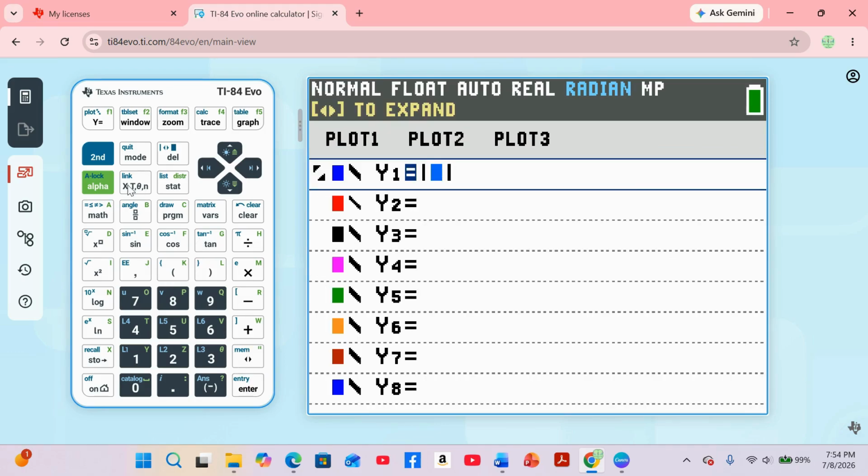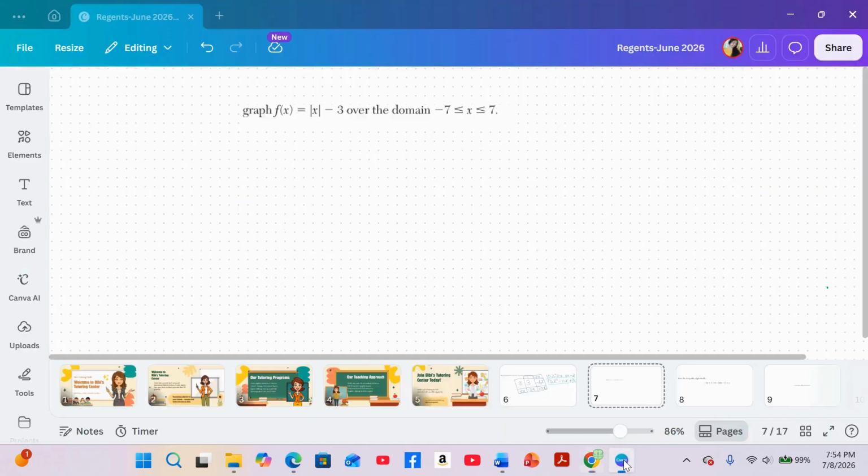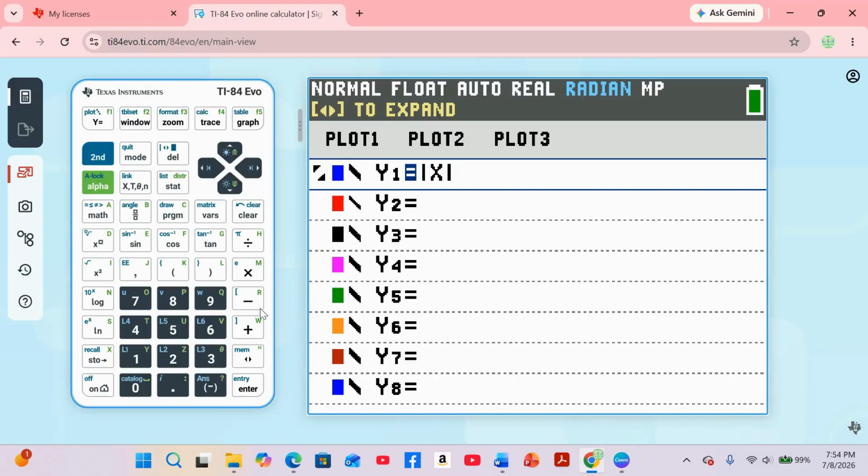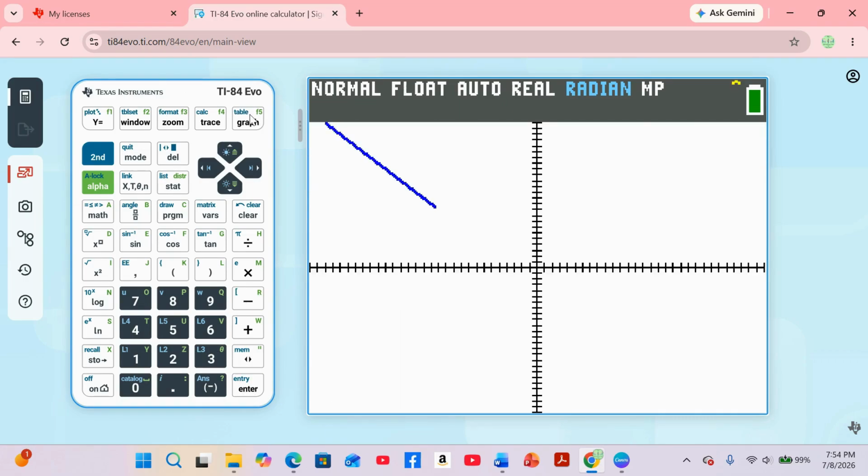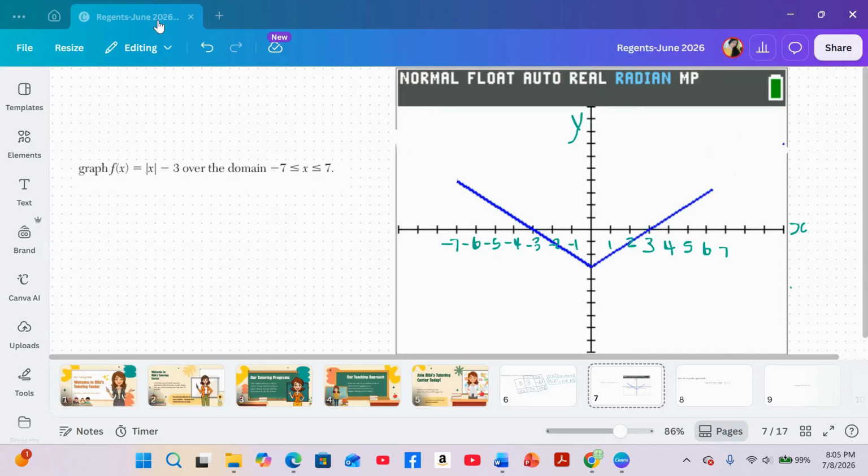Enter absolute value of x minus 3, enter and graph. So basically this is what your graph should look like.